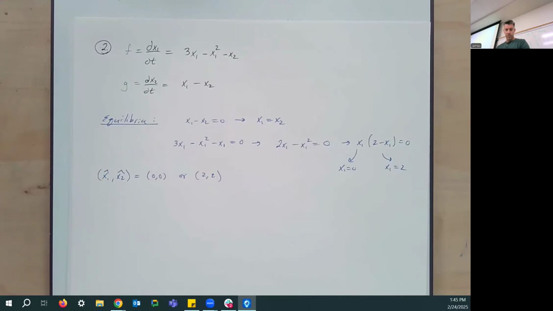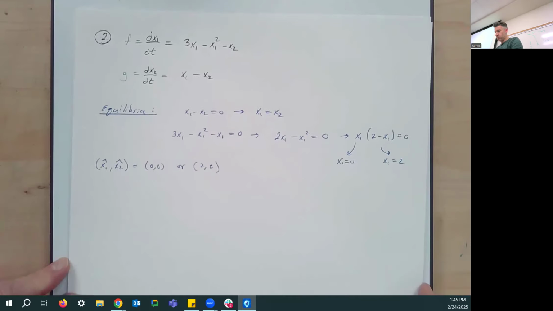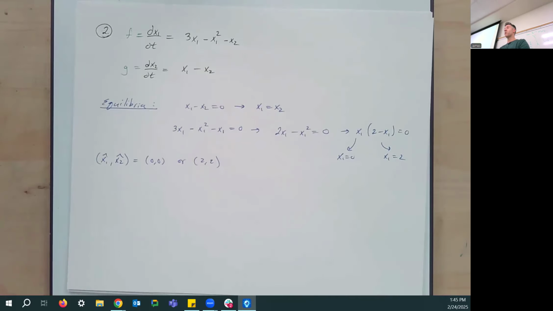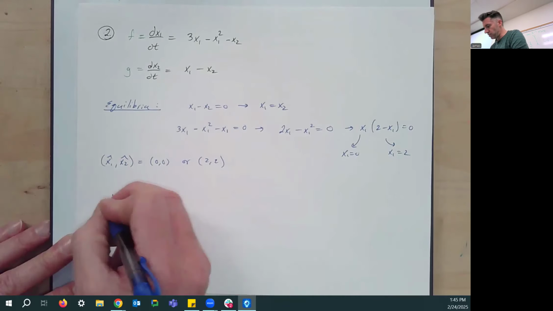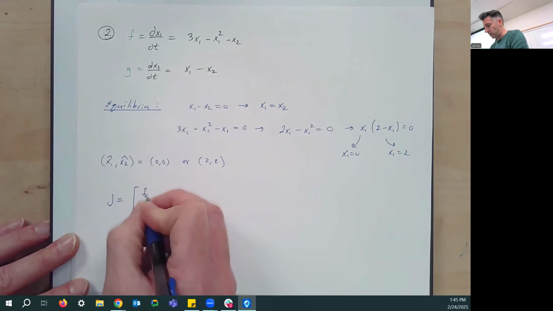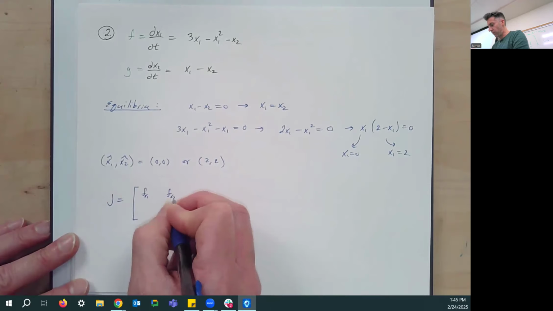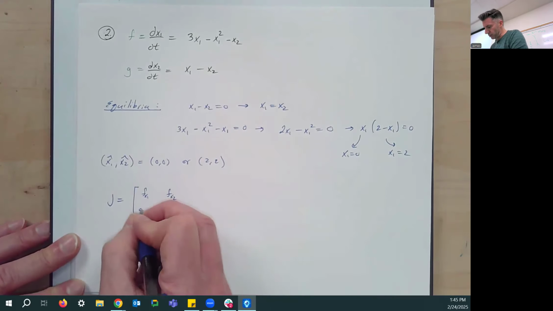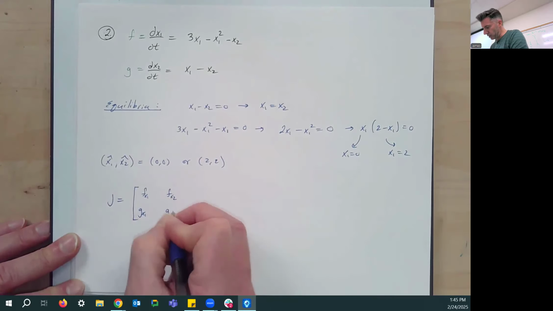Now let's find the Jacobian. And again, I would say you're going to find the general Jacobian, meaning as a function of x1 and x2, and then you're going to plug in each equilibrium to then classify stability of that equilibrium. So our Jacobian, again, reminding you, it's the partial of f with respect to x1, the partial of f with respect to x2 in the first row, and then in the second row, g_x1, g_x2.